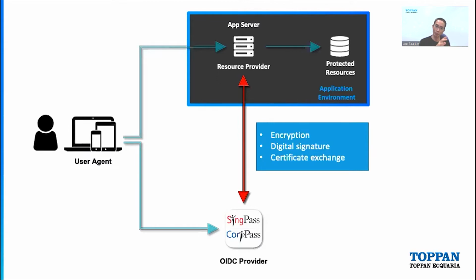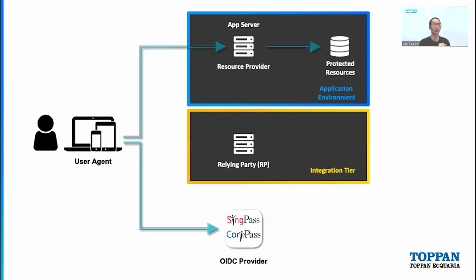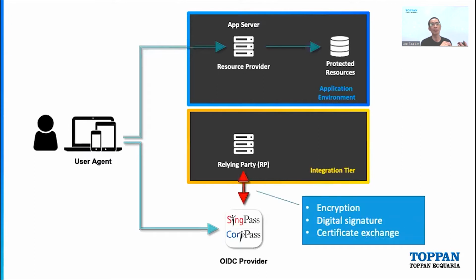So a better approach is to offload this to another component, called the relying party or RP, and let the relying party handle all the heavy lifting, all the necessary cryptography work. Then the application developer can just focus on making a simple REST call, without all the cryptography, from the app server to the relying party.